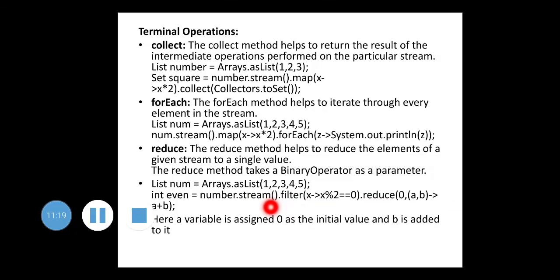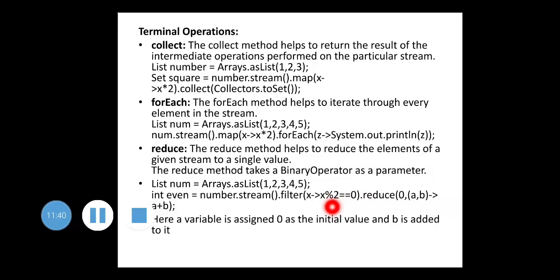After that, it goes into the intermediate method filter, here x % 2 == 0. So it iterates through each and every element of the stream and checks whether the remainder is 0 or not.